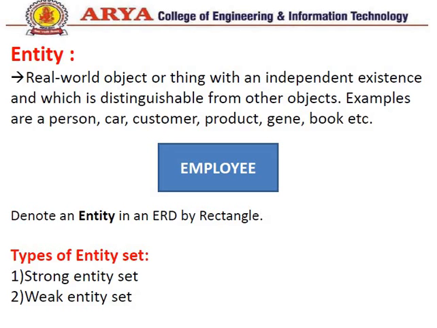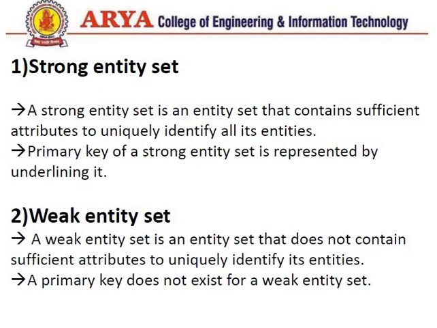A strong entity set is an entity set that has a primary key. It means a strong entity set contains sufficient attributes to uniquely identify all its entities. The primary key of a strong entity set can be represented by underlining it. A primary key can be represented by a hash symbol or an underline symbol.